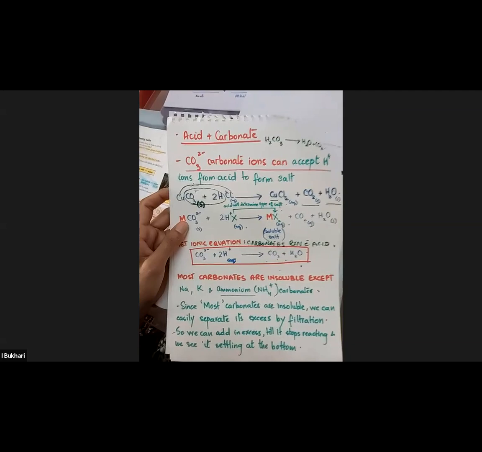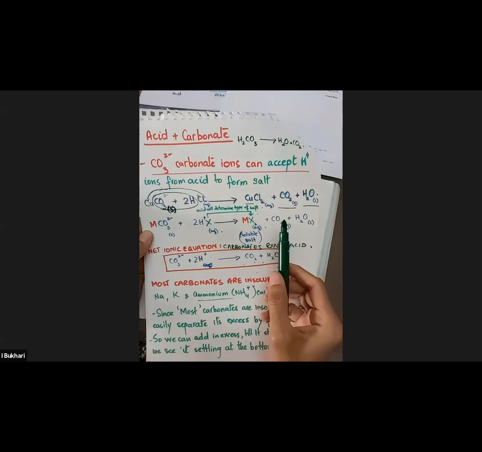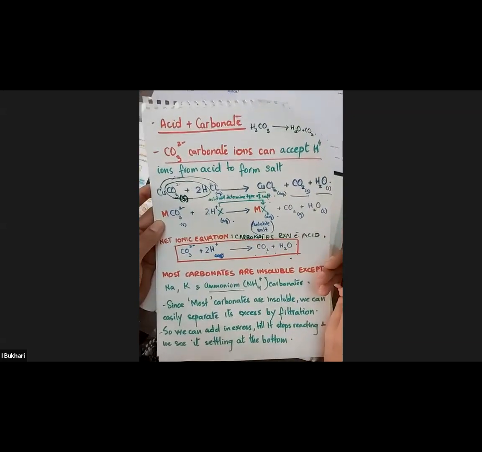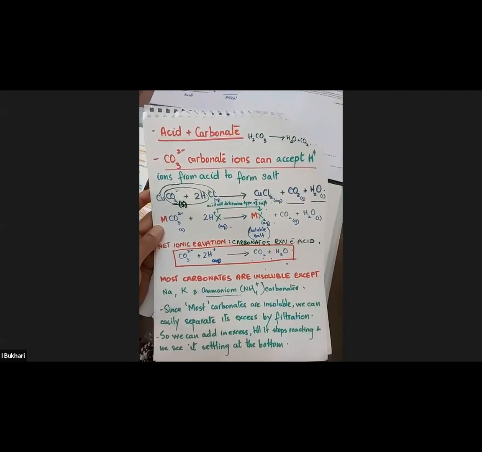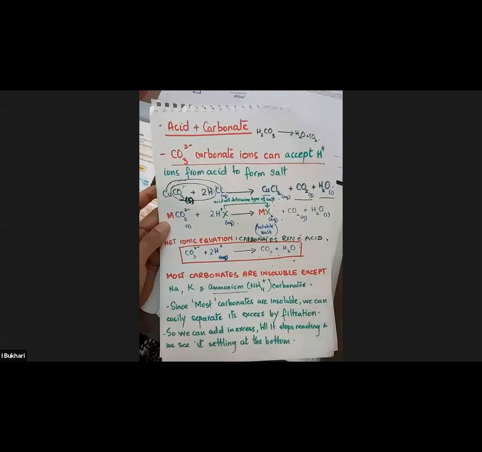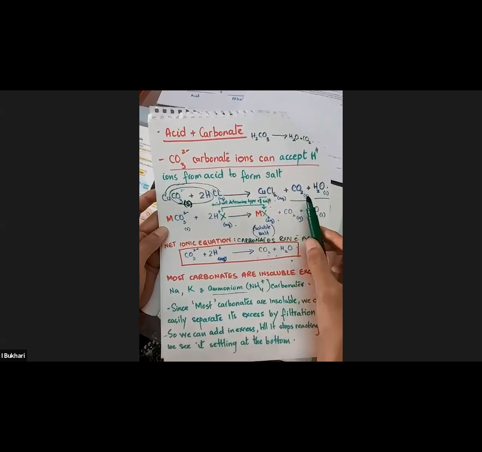So whenever you have gas as one of the byproducts, of course, as gas is less dense than the solution, it will be in the form of bubbles rising towards the surface, and that's why we see a lot of bubbling, and that bubbling is called fizzing. Right.